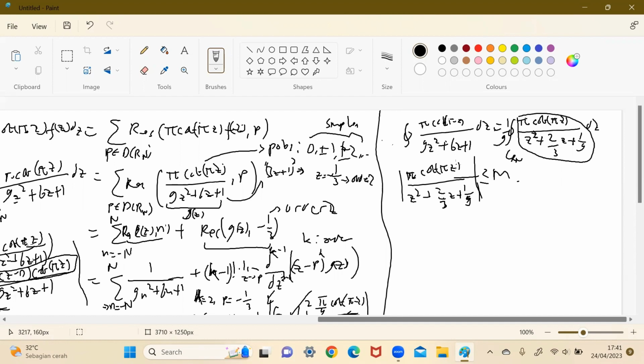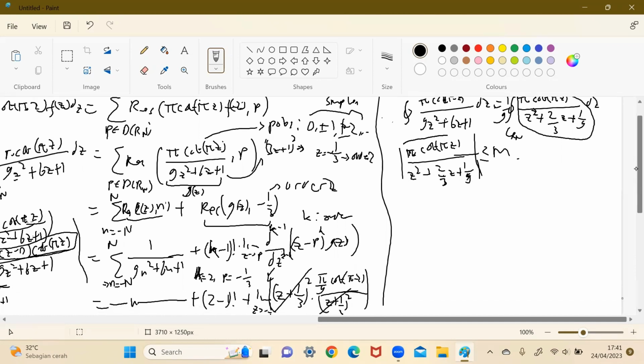We can show this by doing two things. We show that pi cot pi z is bounded from above, and then this denominator is bounded from below. The latter is much easier.